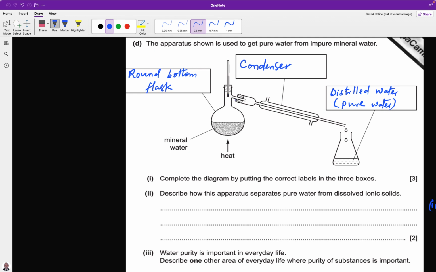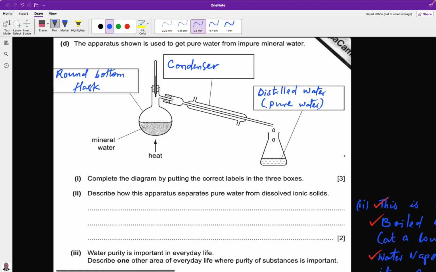The steam will now pass into the condenser. Within the condenser, the steam or water vapor will condense and drip off into the conical flask as distilled water.